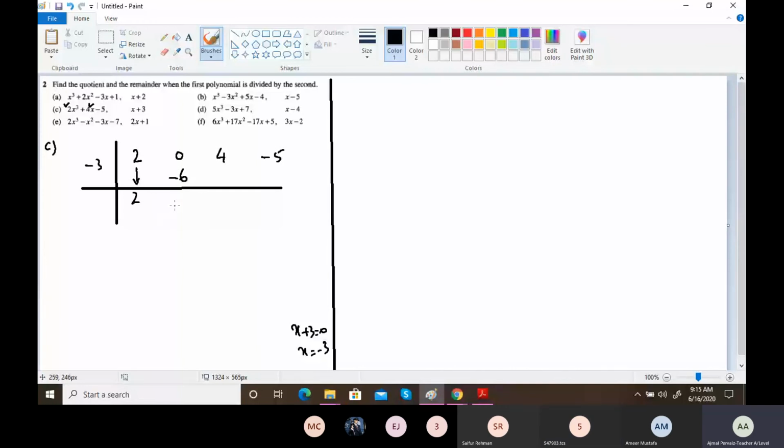When you add both of them, what do you get? -6. Good. Minus 3 times minus 6, what gives you? 18. 18 plus 4 is how much? 22. Is it right? Yes.